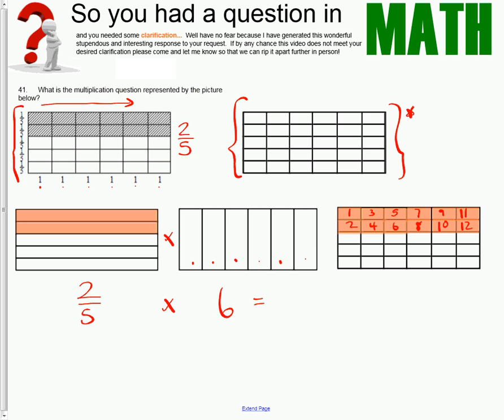Okay, so if I pull these numbers up here to this top one, what I end up with, going up and down where my whole numbers are, is 1, 2, 3, 4, 5, which is one whole, 6, 7, 8, 9, 10, 11, and 12.